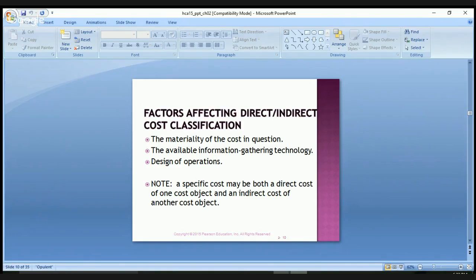A specific cost may be both a direct cost of one cost object and an indirect cost of another cost object. So, materiality of the cost in question: does it make a difference? That's the big thing. A lot of that would be your nuts and bolts. Think about the little things.